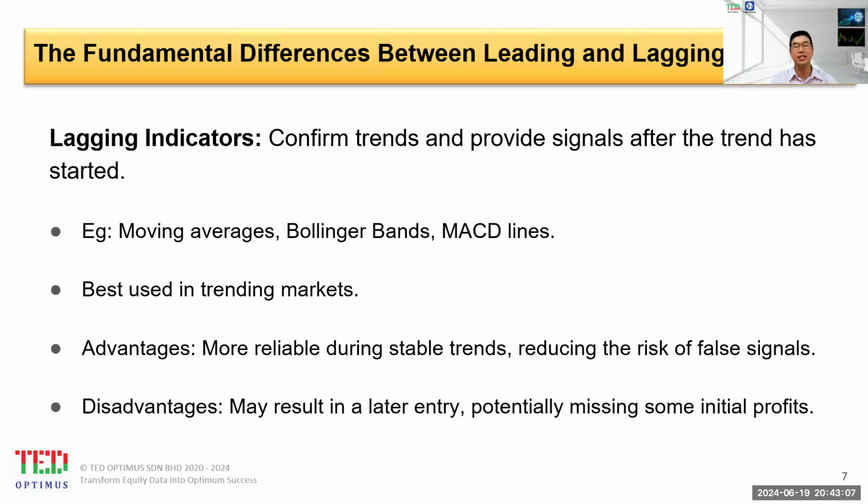And the disadvantage, of course, is that there's a pro and a con: it may result in a later entry, potentially missing some initial profit. Meaning that if you use a 5 MA to go in, then maybe 5 MA is just suitable. But if you use a longer one, then you potentially miss some initial profit, if you are using a moving average.